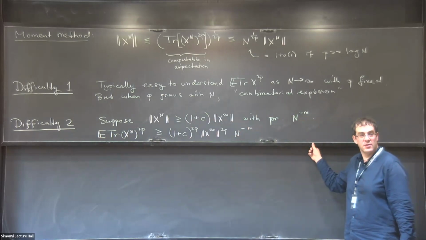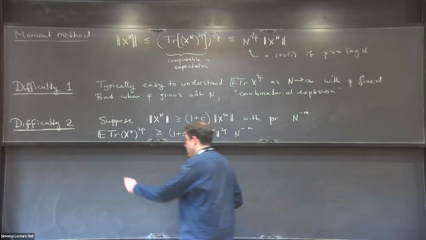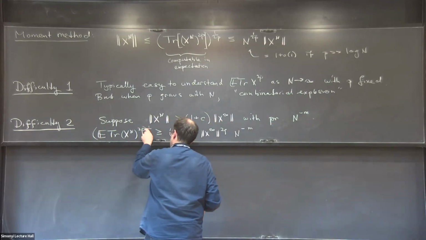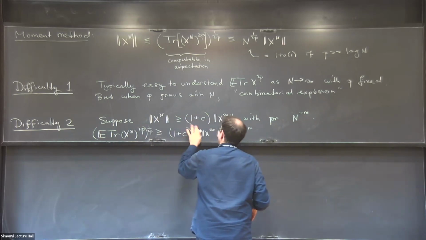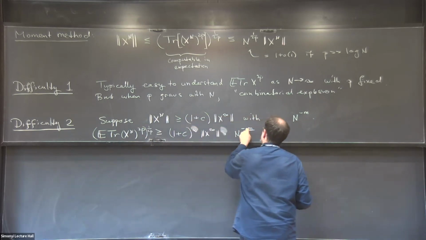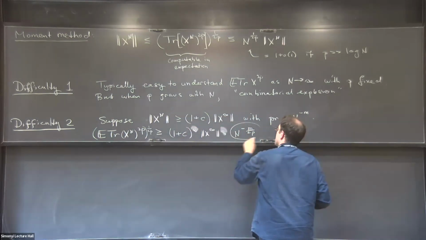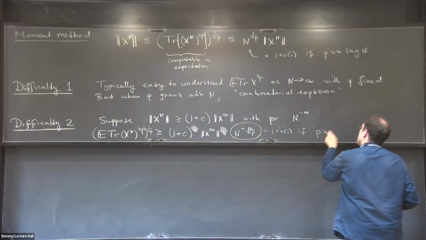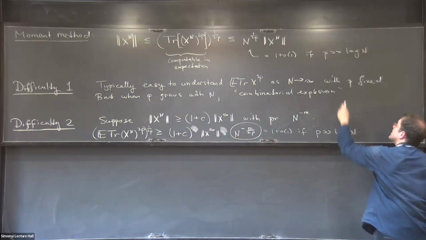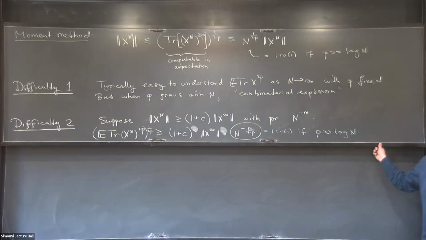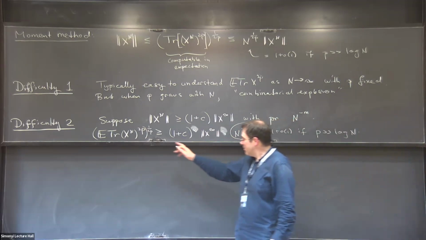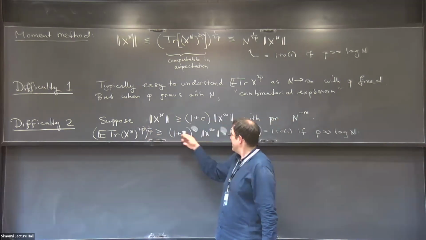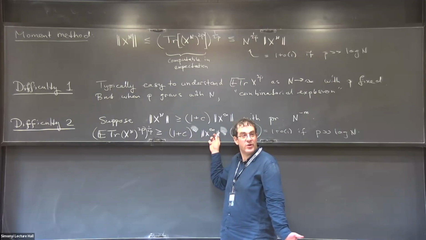That makes sense? So if I take both sides to the power 1 over 2p, this 2p disappears, and the probability factor becomes 1 plus little o(1) if p is much, much larger than log n, which is exactly the regime that we need in order to get the trace method to work. And so you see, we get that the moments are actually bounded away from what we're hoping to get.